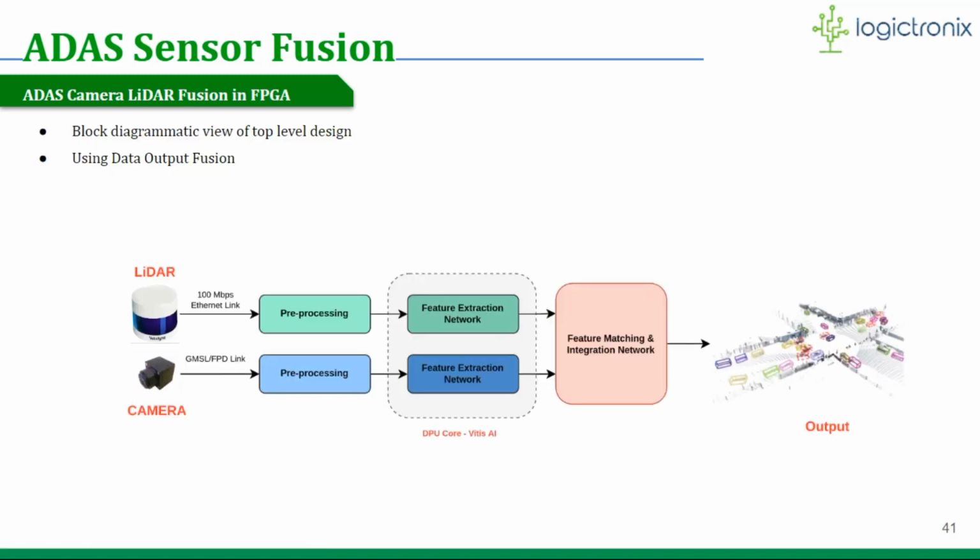Okay, let's look at it. Camera and LiDAR fusion in FPGA. It shows a block diagrammatic view of the top level fusion process, and it uses a data output fusion method. So here you can see the camera and LiDAR, and both of them have a pre-processing, and their data are sent to the feature extraction network, and finally the feature matching and integration network generates the combined output.